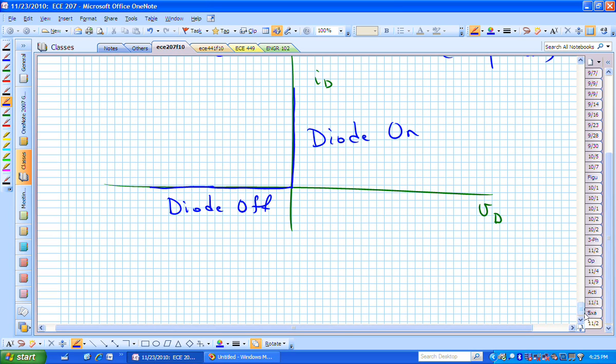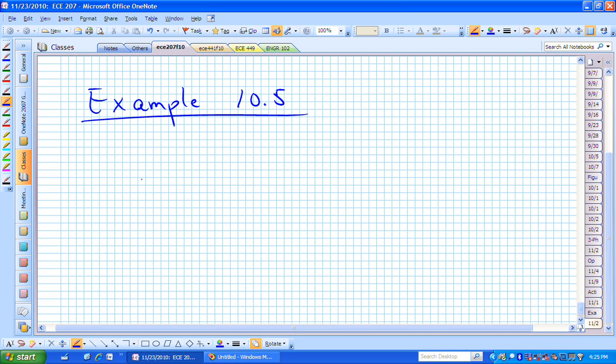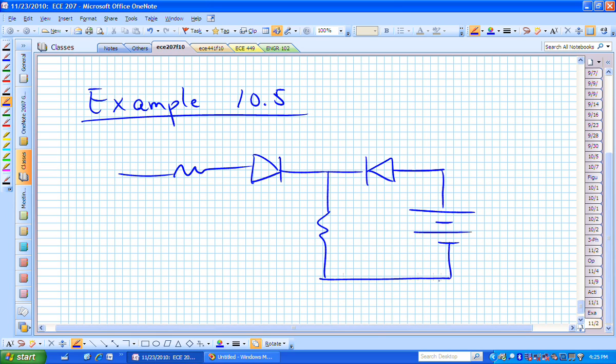Let's look at analyzing a circuit under those ideal conditions. This is example 5 in chapter 10, hopefully. Suppose that I now have a circuit that is created in the following way.